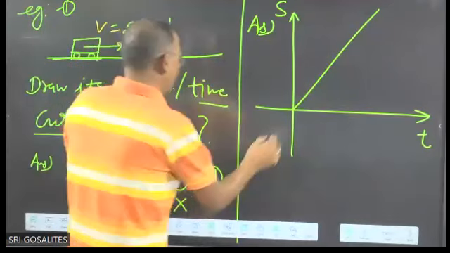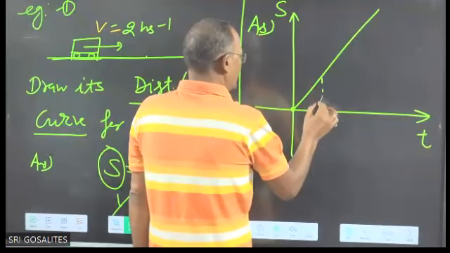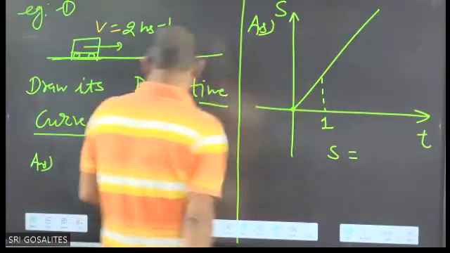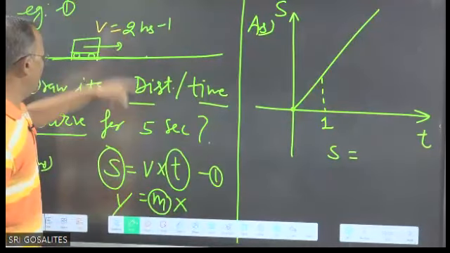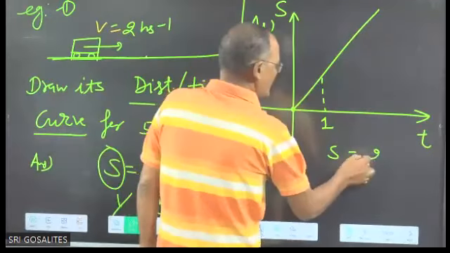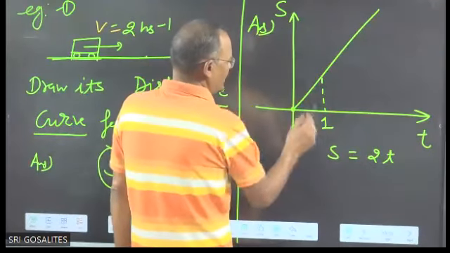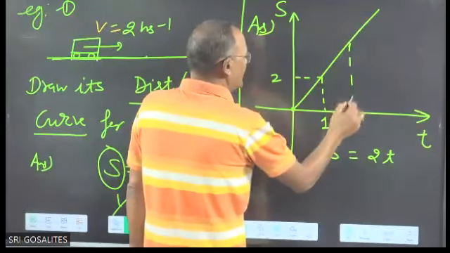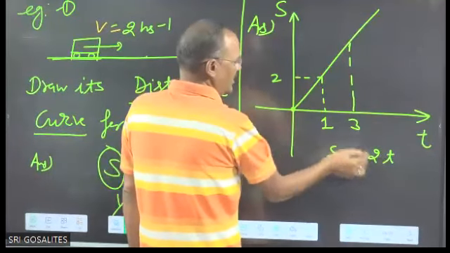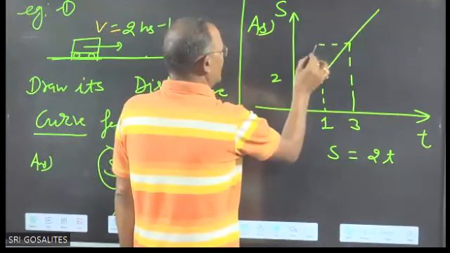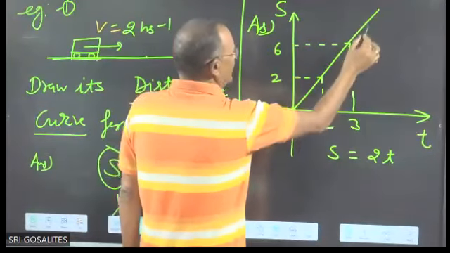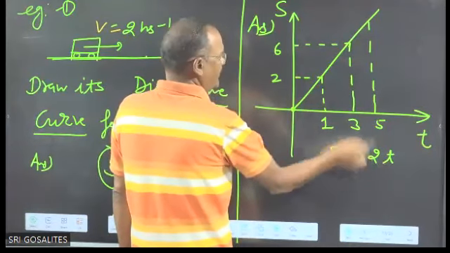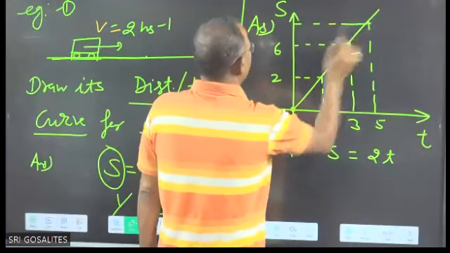Understand, like you see for different seconds. Because the graph is like y equals mx, distance will be vt, 2t. So at t equals 1 second, s will be 2. If you take 3 seconds, 3 2s are 6. If you take 5 seconds, 5 2s are 10.